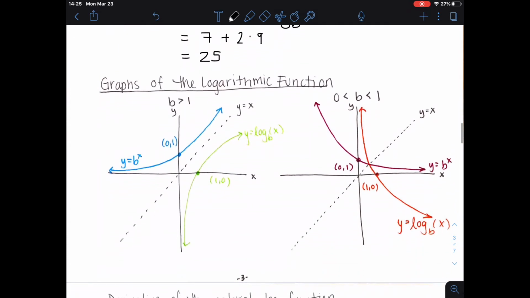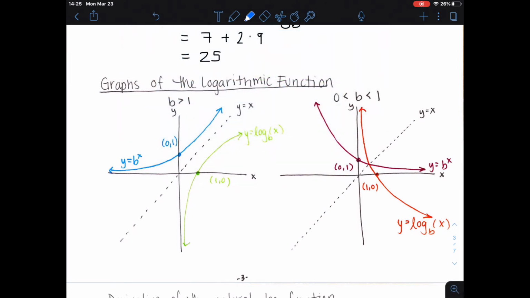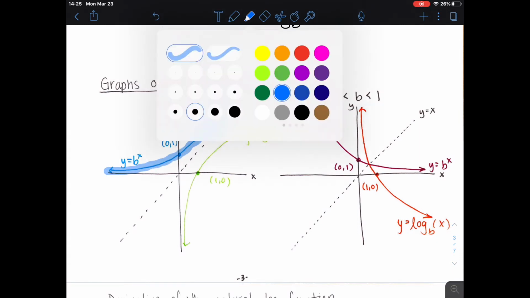So our graphs of the logarithmic function are going to vary based on the value of b. The exponential function, we had two different graphs depending on if the base was bigger than 1 or if it was between 0 and 1. Same type of thing happens here. So for this first one, if the base is greater than 1, here is our exponential function. As x gets bigger and bigger, it goes off to infinity.